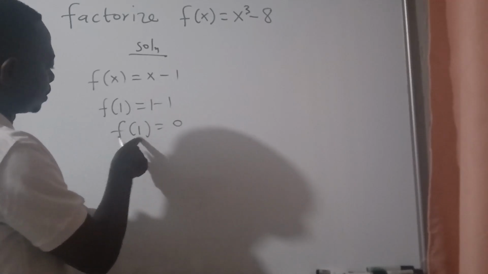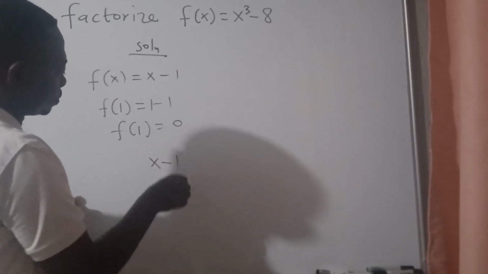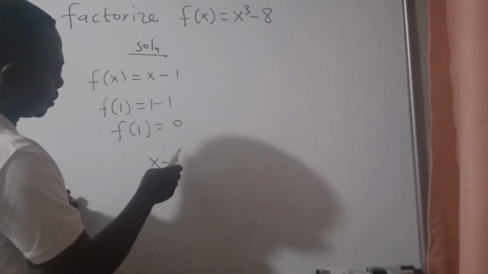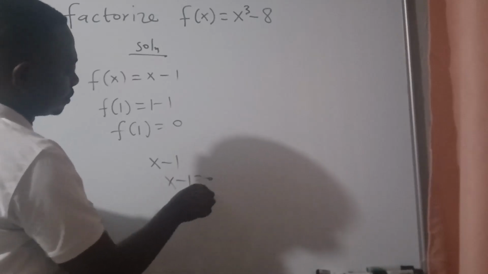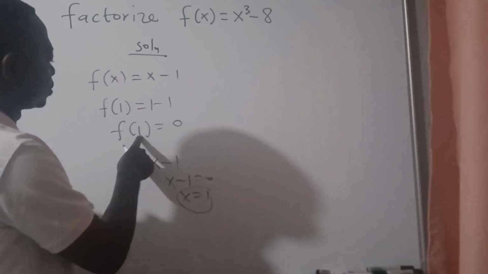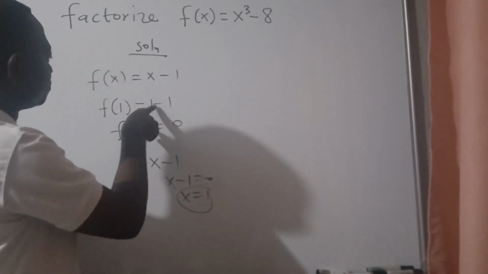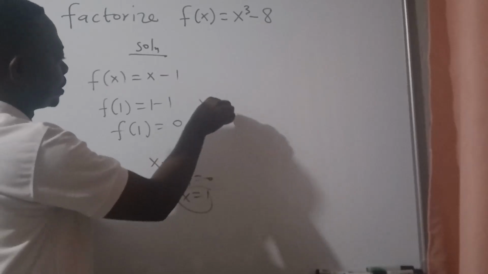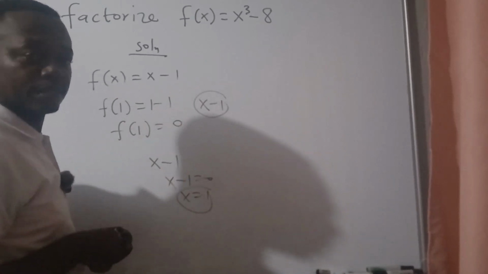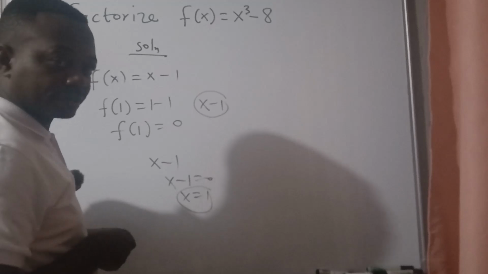So if this side is 1, it means x minus 1 is a factor, because when I equate this one to 0, I'll get x equals 1. So if 1 will make this one go to 0, it means x minus 1 is a factor of this polynomial. That's the idea.